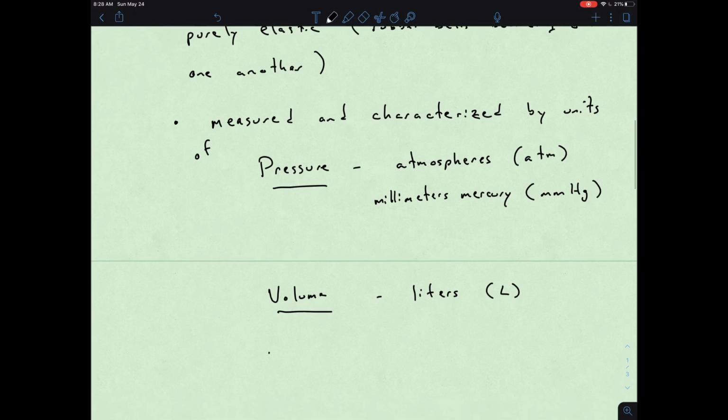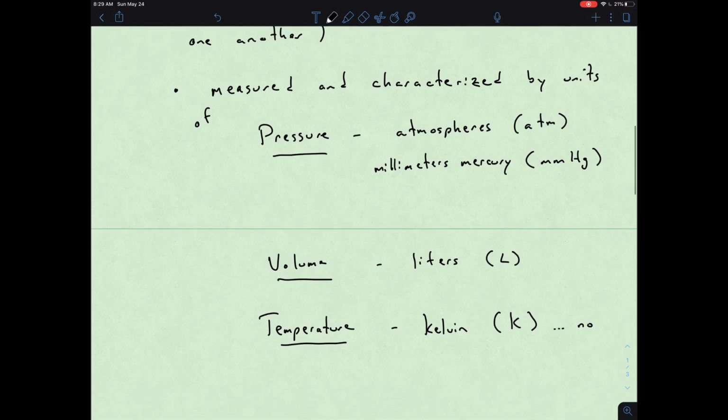We have temperature, and we would need to be in Kelvin. And really, because there's no negative temp in the Kelvin scale, that might have implications on a negative pressure or a negative volume, and that's impossible.